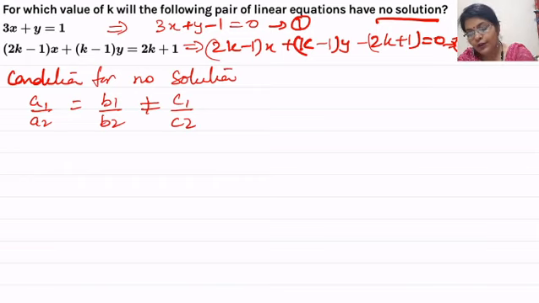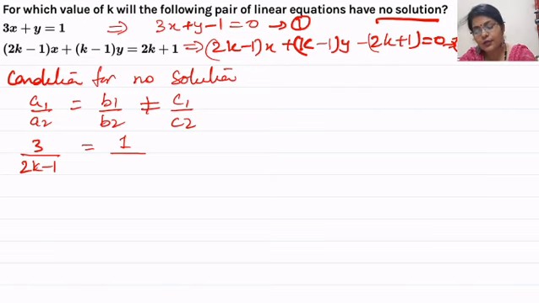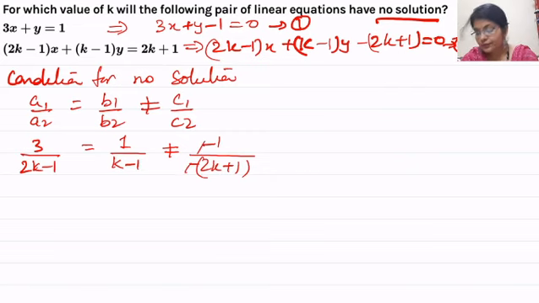A1 is 3, A2 is 2k minus 1. B1 is 1 and B2 is k minus 1. Then C1 is minus 1 and C2 is minus 2k plus 1. This minus minus gets cancelled.